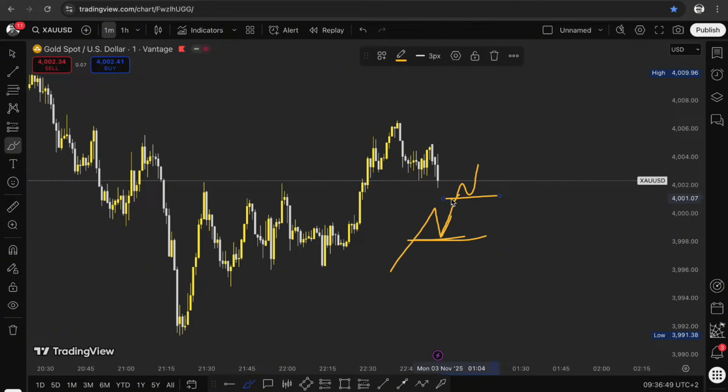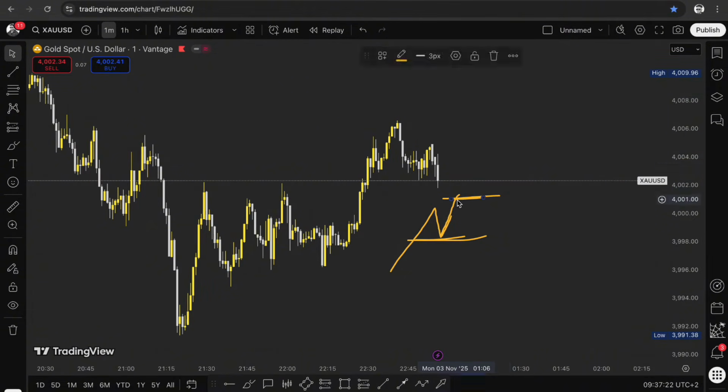But if you keep opening too many positions, the market can still come down and hit your stop loss, and you can still end the day with losses because you opened other positions along the way and the market pulled back. You can finish that trade with a loss, or just a little bit of profit. So that's why opening just one position is very important, and it makes your life easy if you do that.